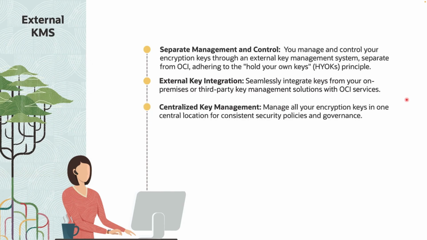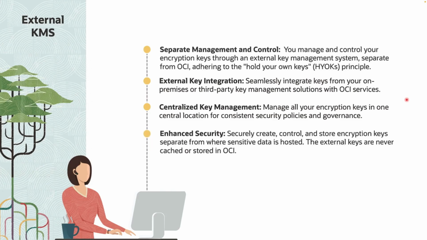This service offers centralized key management, simplifying the encryption key handling process while maintaining full visibility and control. OCI KMS will never directly interact with your third-party key management system, and it cannot create, view, manage, or delete your keys. Instead, it only interacts with key references, improving security measures.